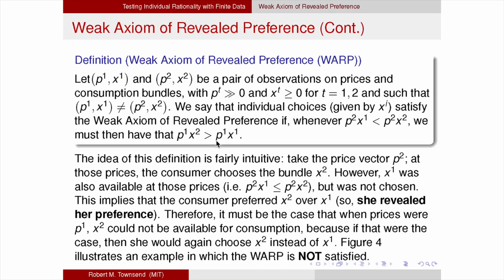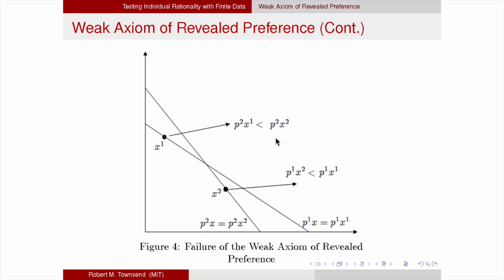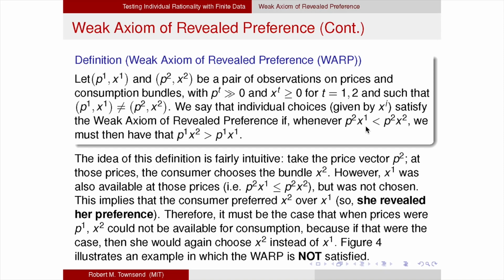So what happens if this isn't true? This is true, but this is not. So let's look at a picture. At prices P2, they choose X2, it's on the budget, and X1 is interior. So that's this condition: X1 is interior to the budget at prices P2.